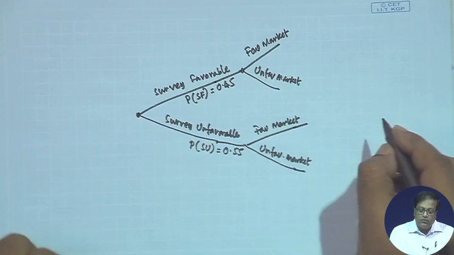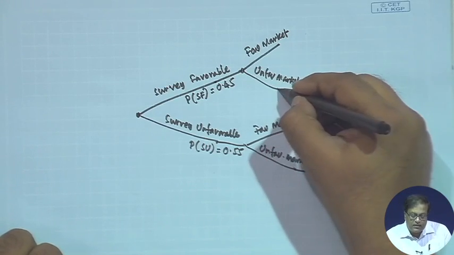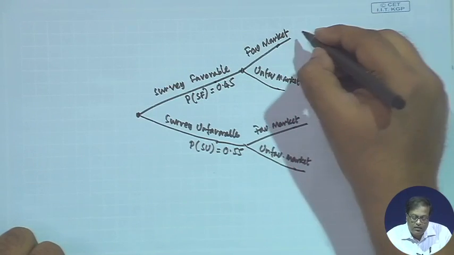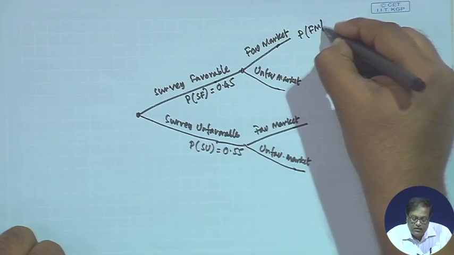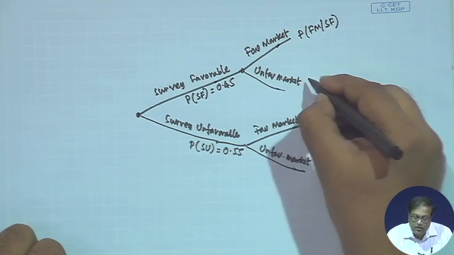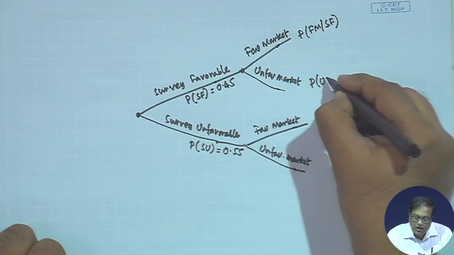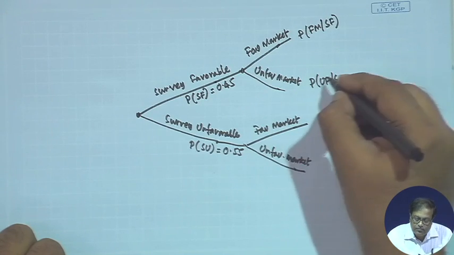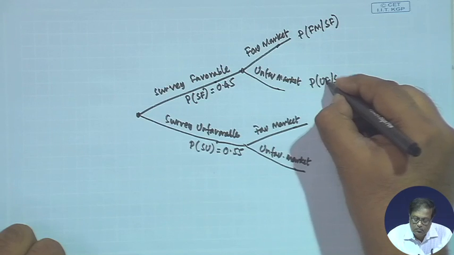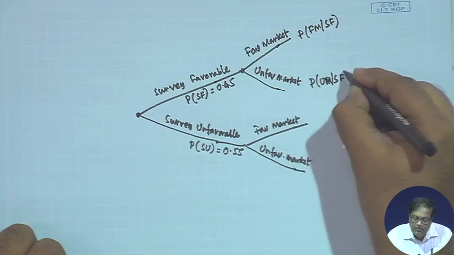And those are the probability of favorable market given survey favorable and probability of unfavorable market given survey favorable.